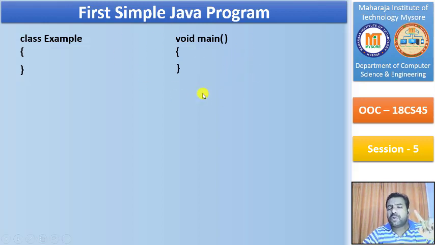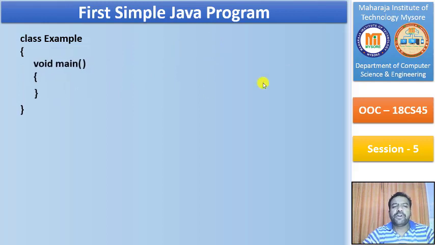This is not the case in a C++ program, where the main function or any non-member function could be outside the class, and the class would contain only the member functions. But in Java, that's not the case. Even the main function cannot be outside the class. Hence, we make sure the main function is also part of the class.